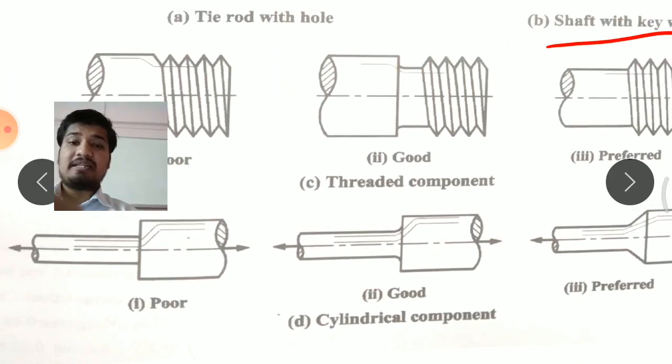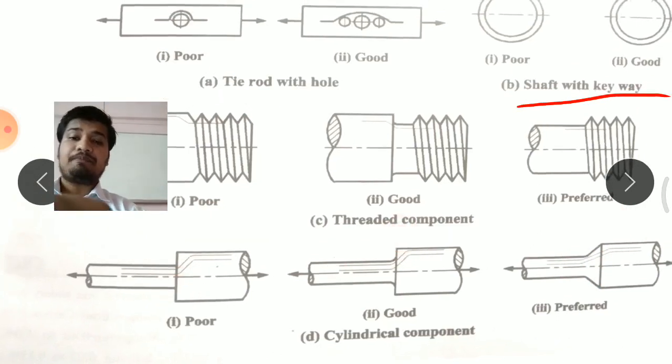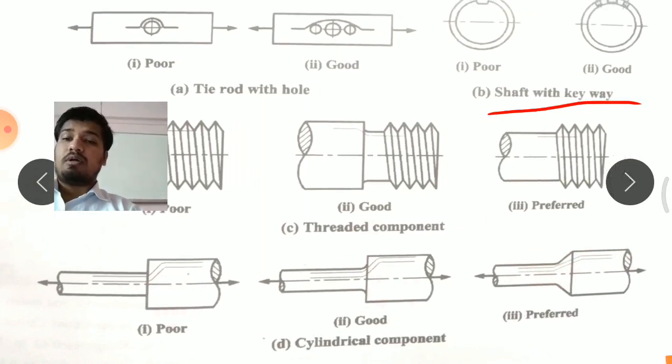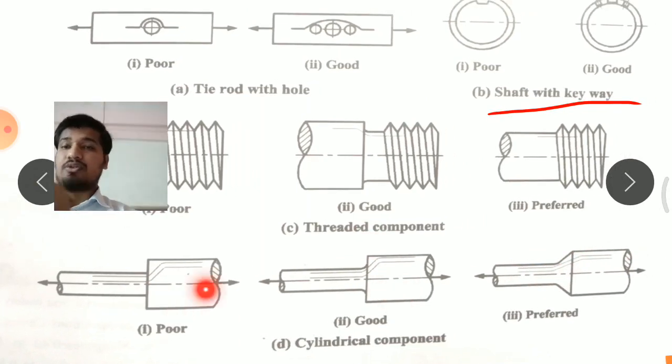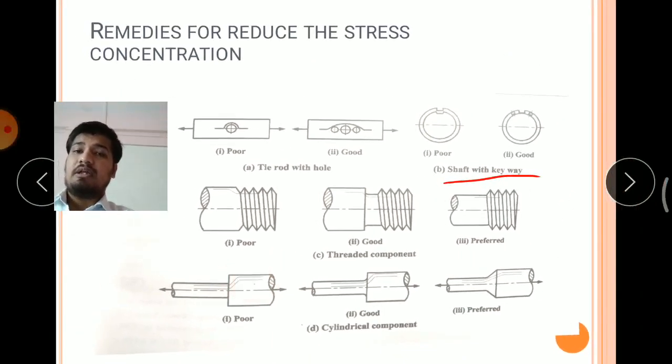And the last example is when we manufacture the component in this way. Here we produce a taper section instead of cutting in a straight way or a filleted way. The stress concentration line is a smoother one as compared to the other examples. So in this way we can reduce the stress concentration.